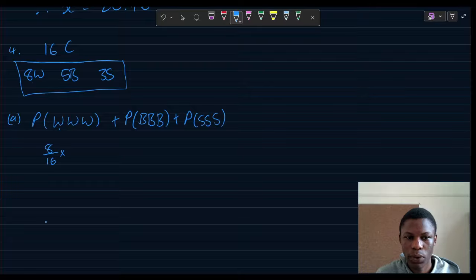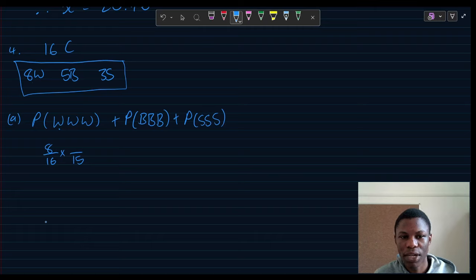But once we pick one car, we're only left with a total of 15 cars. And we want to pick another white car. We've already picked 1, so 7 must remain. Once we pick a second car, we're now looking at a total of 14 cars. And we've already picked 2 white cars, so it means only 6 white cars remain.